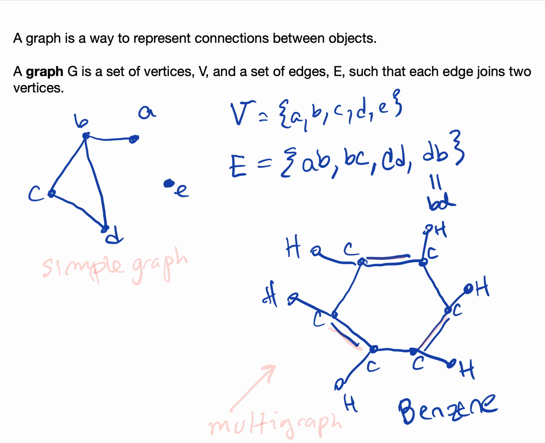And I study mathematical properties of the graphs that relate to properties of the molecules like stability and electrical conductivity. Graphs are really useful in computer science. So for example, a binary search tree is a graph.